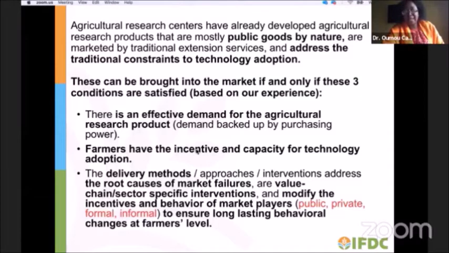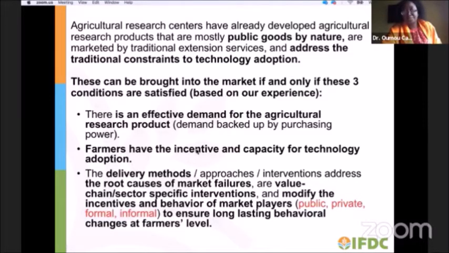Farmers must have the incentive and the capacity for technology adoption. By that, I mean there must be sufficient crop response. There must be an attractive price for the product. There must be access to finance, access to knowledge, and the product must be available at the right time, etc.